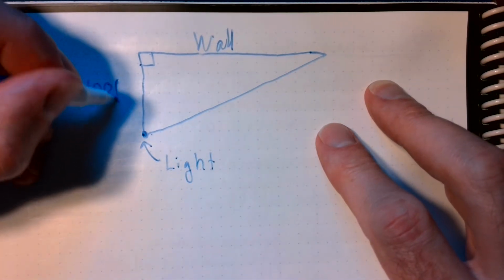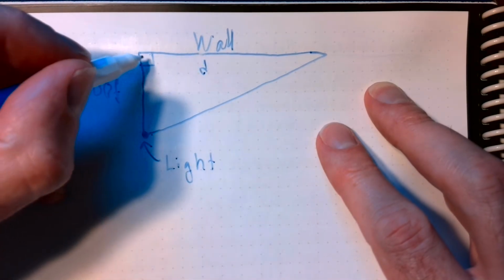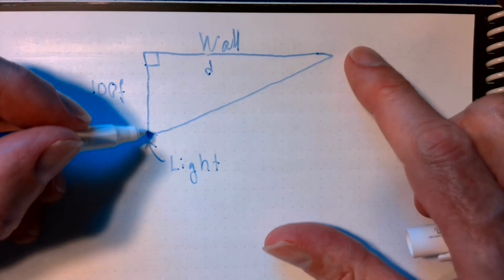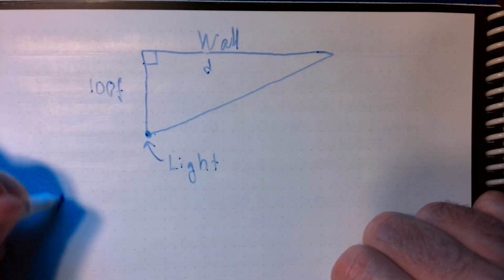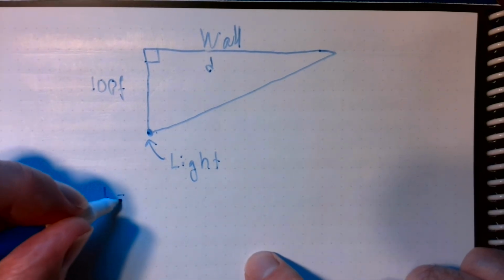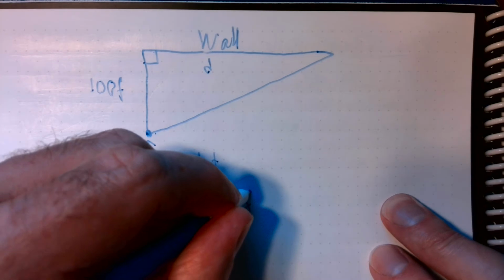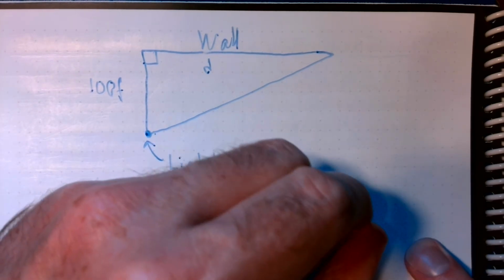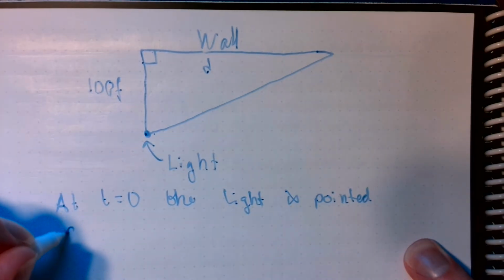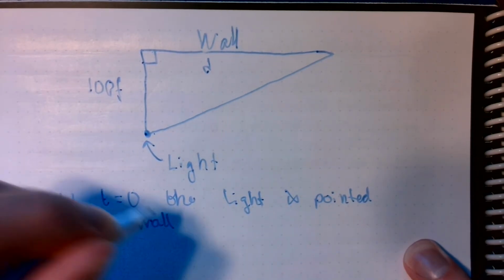We were told in the problem this is 100 feet. We want to know this. So let's imagine at time t equals 0, the light is pointed at the wall, okay?